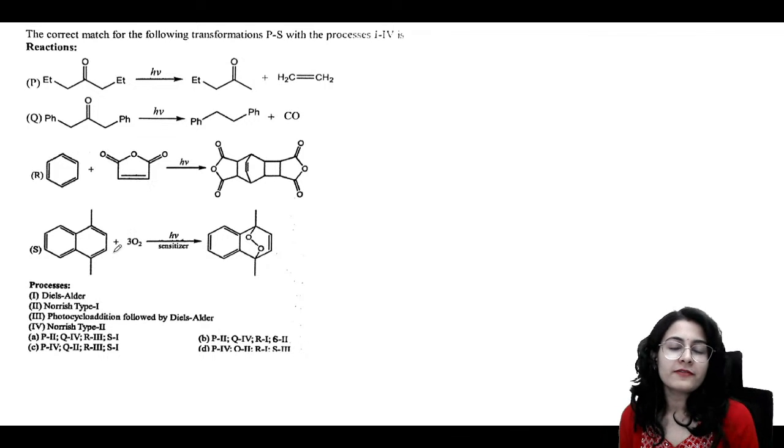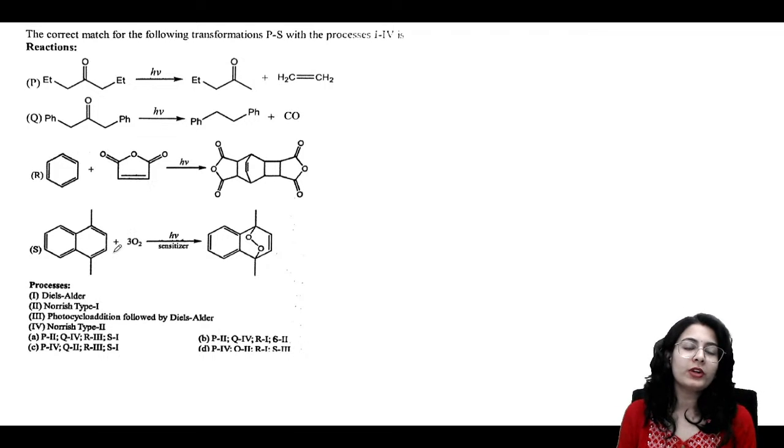All right, correct match for the following transformation. 4 different transformations. What are their corresponding names?